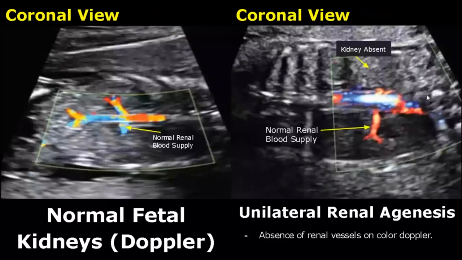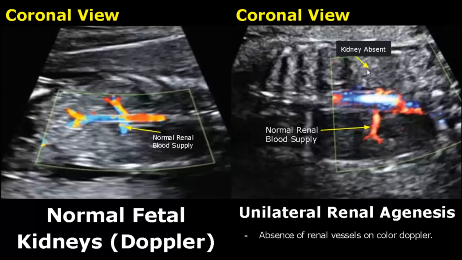In this image we have Doppler analysis. Here we can see the renal vessels in this normal image supplying both the kidneys, whereas in this image we can only see renal vessels on one side.